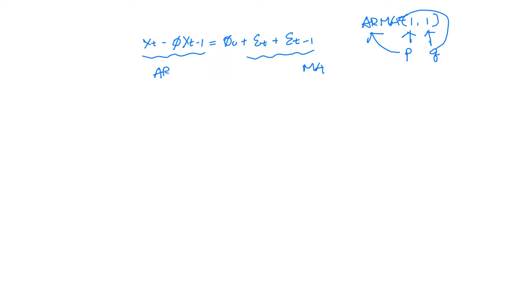So the first moment and the second moment of xt. How do we do so? First of all, the first moment is usually not hard to find, right?